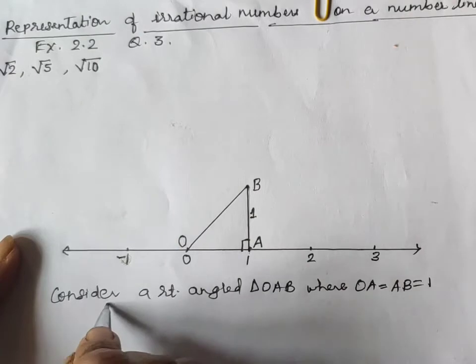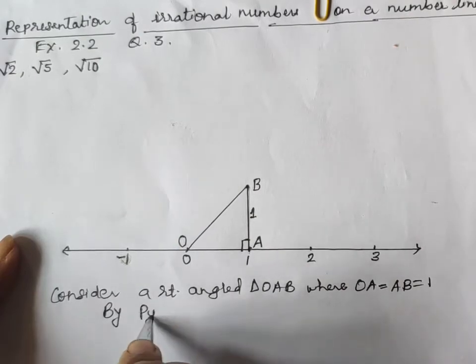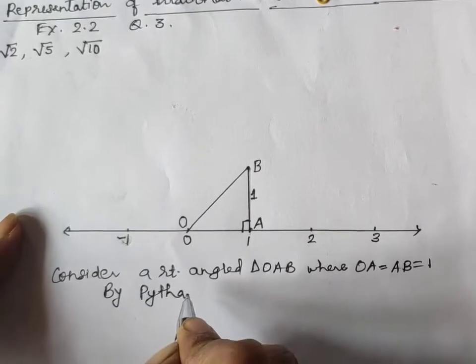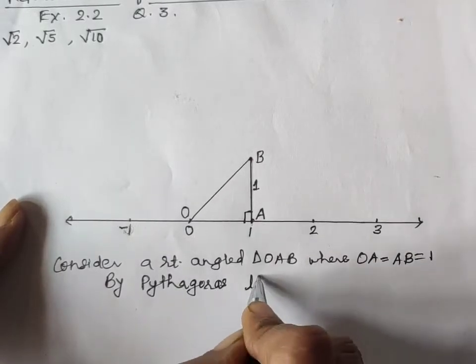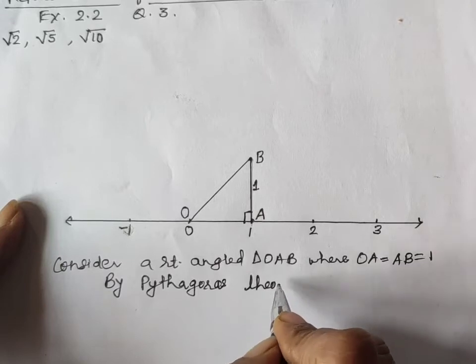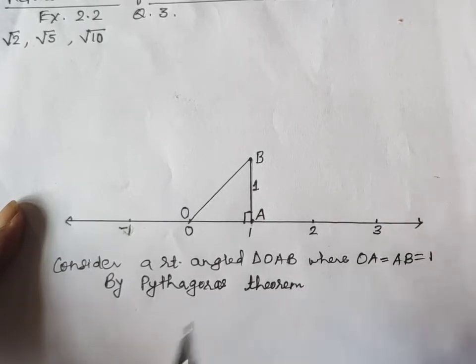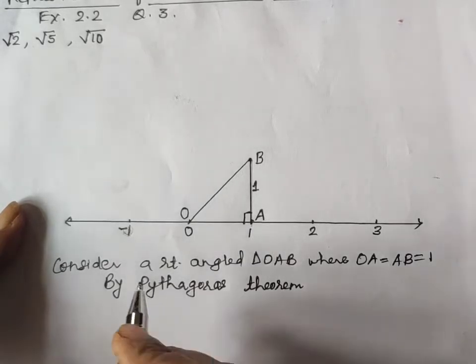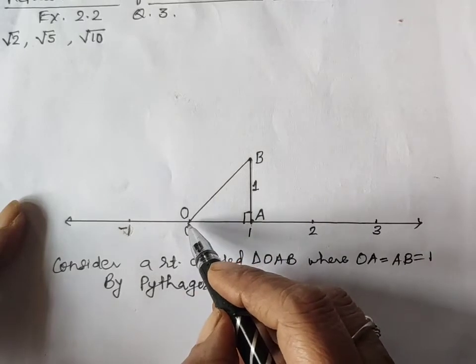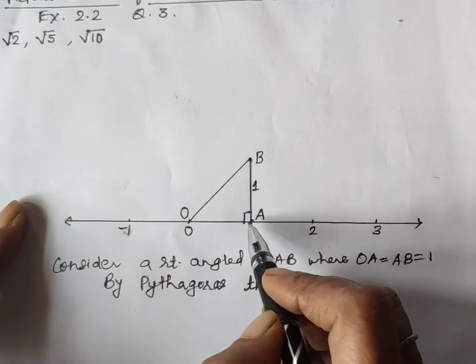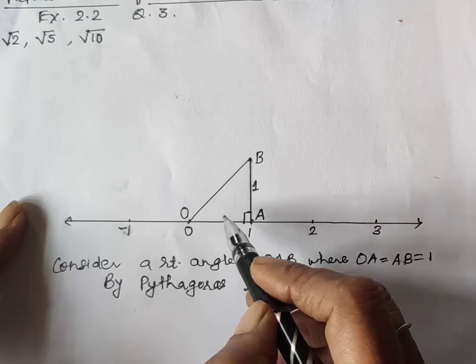Now by Pythagoras theorem. You know the side which is opposite to the 90 degree angle is the hypotenuse, here OB.